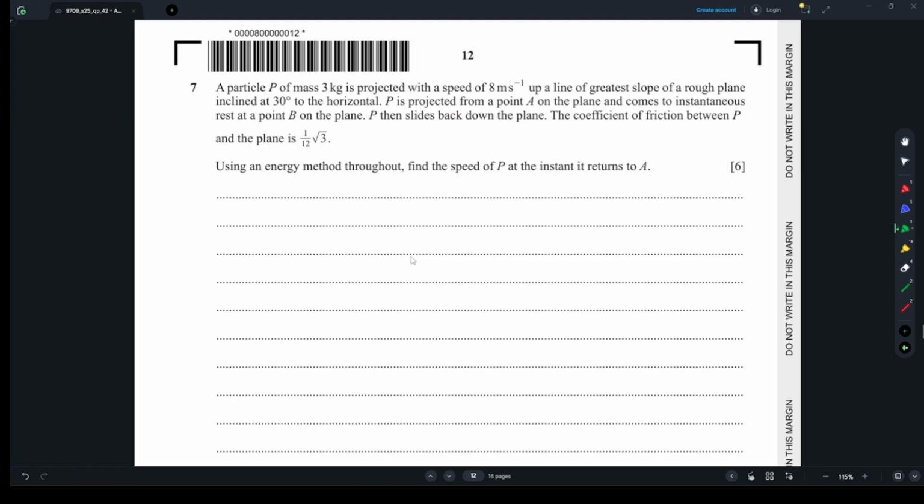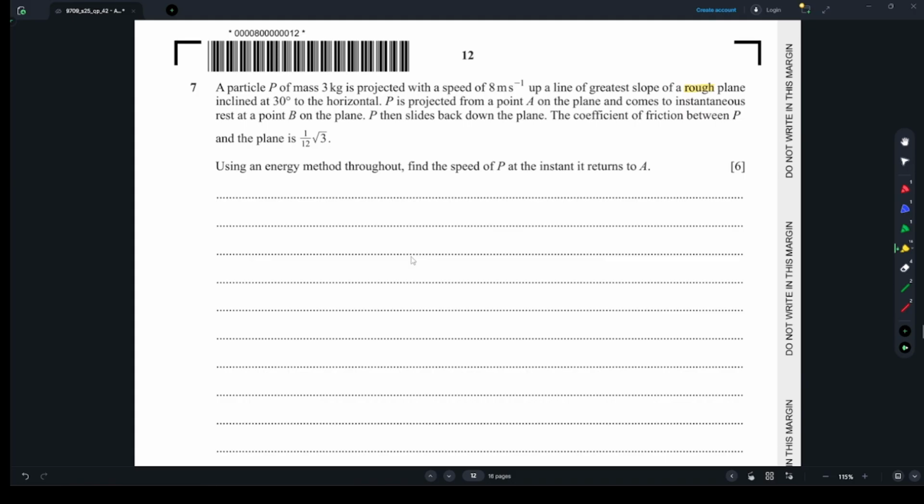Right. Let's see. A particle P of mass 3 kg is projected with a speed of 8 up a line of greatest slope of a rough plane inclined. Okay, so remember here they say that it's a rough plane, and the angle with the horizontal is 30 degrees.